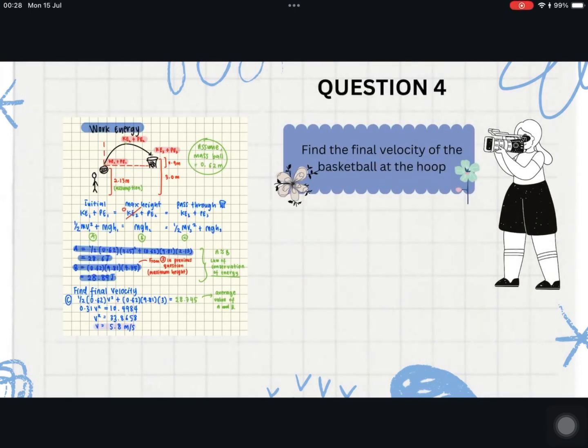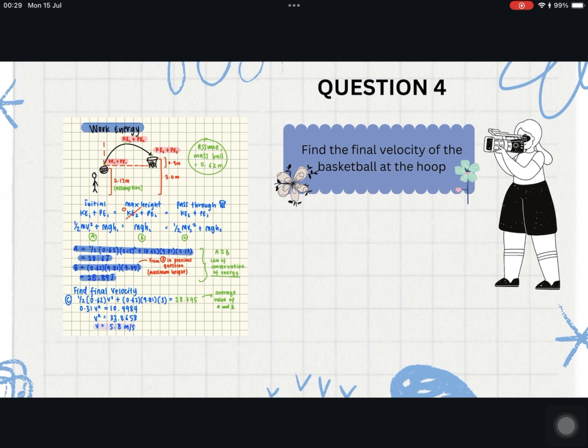For the fourth question, they ask us to find the final velocity of the basketball at the hoop. We will use the conservation of energy formula, which is kinetic energy plus potential energy. In this projectile, the total energy of the ball is the same at any point. So we compare the kinetic energy plus potential energy at the initial point, equal to that at the max height, and also equal to the kinetic energy plus potential energy when it passes through the hoop.